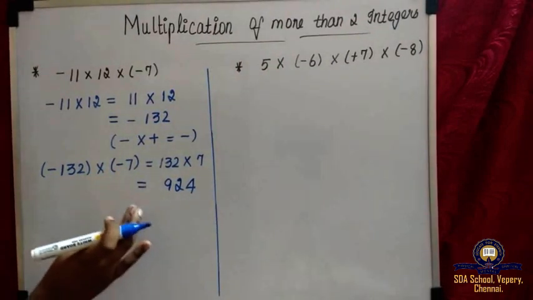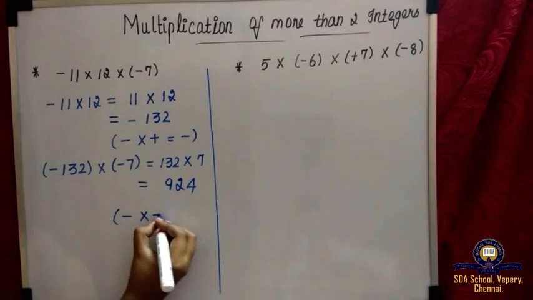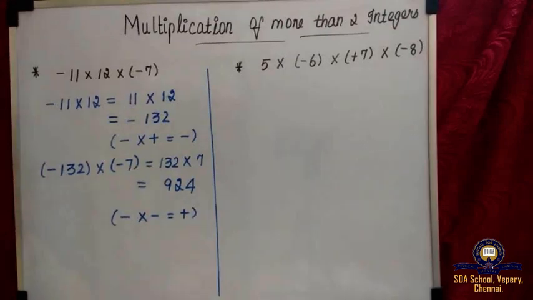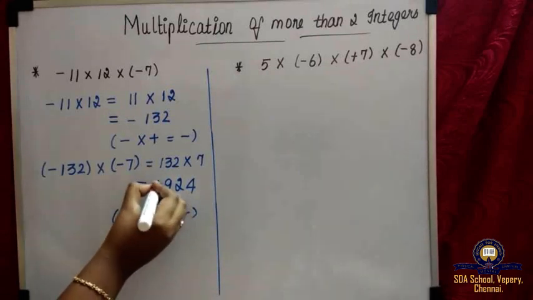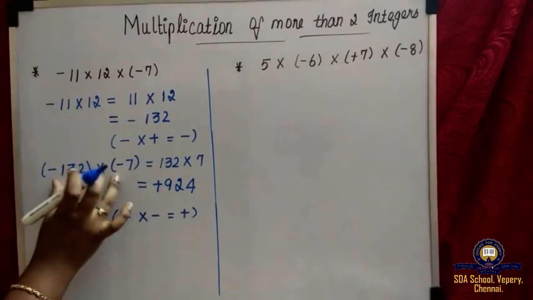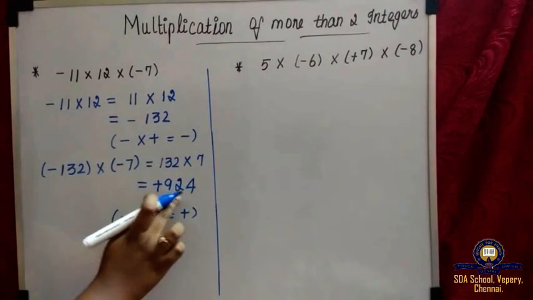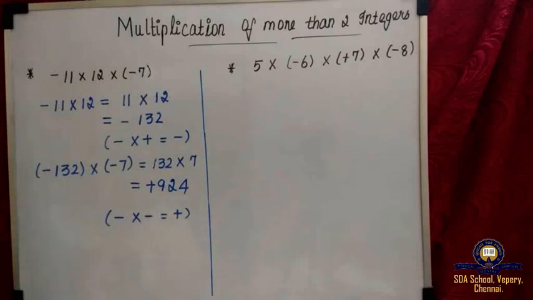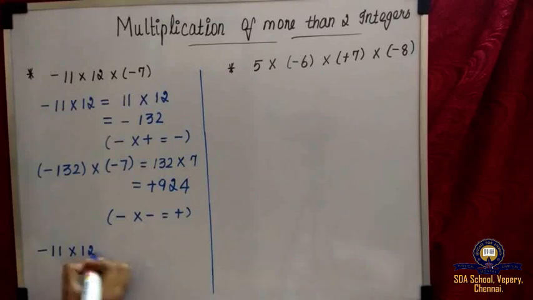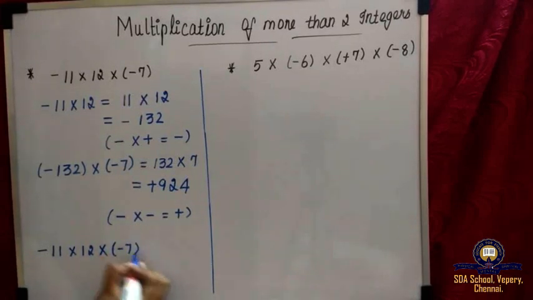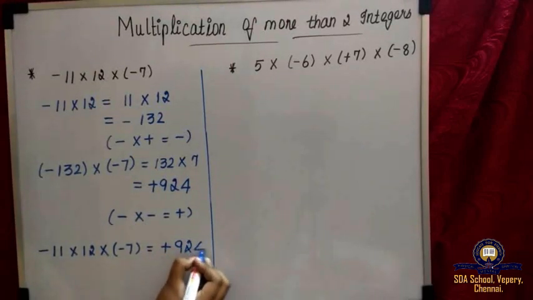Therefore, the product will be a positive integer because minus into minus is equal to plus. Therefore, it is plus 924. Therefore, minus 11 into 12 into minus 7 is equal to plus 924.